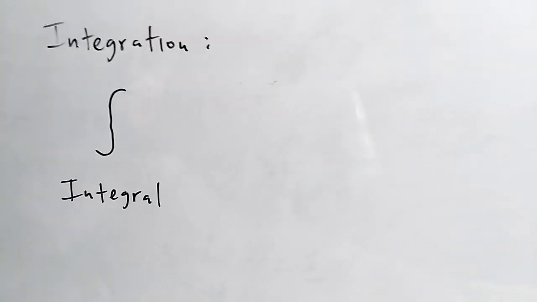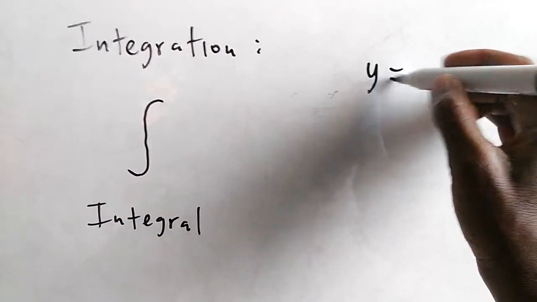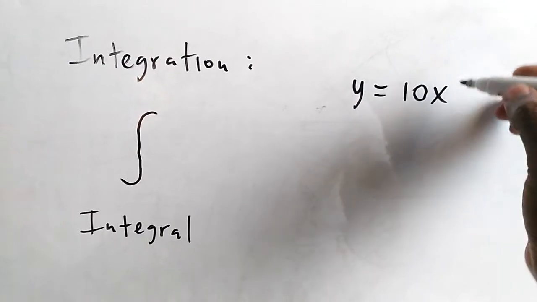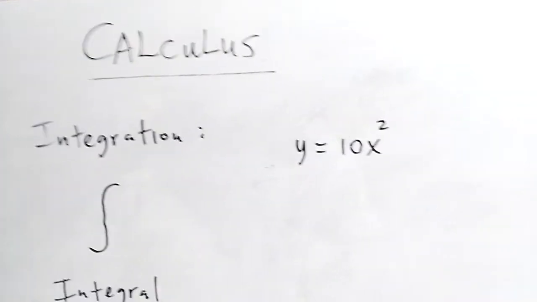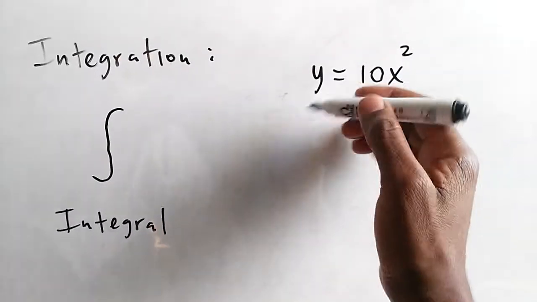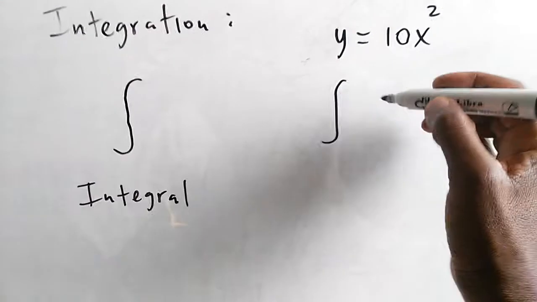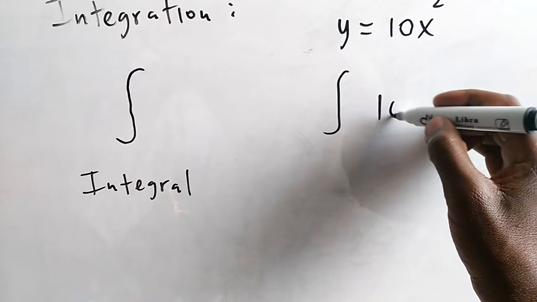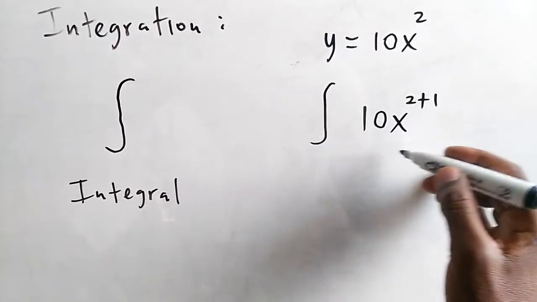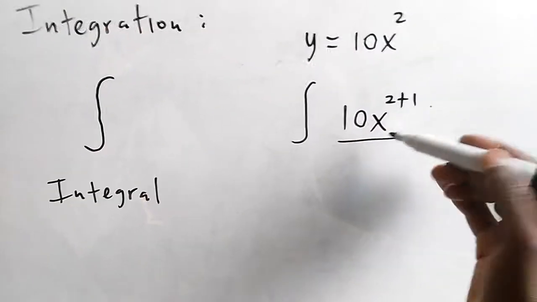We can have y equal to 10 x to the power 2, and then they say find the integration. So we are integrating the value of y with respect to x. So say the integral will be such that x to the power of 2, the power will increase by 1, and then over the same 2 plus 1 over 3.